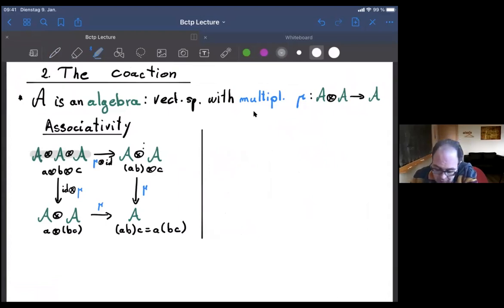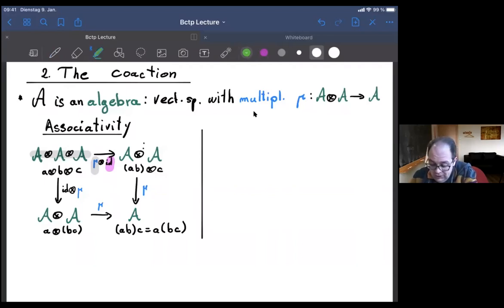I take three objects, so I take a triplet, A B C, out of A tensor A tensor A. And I can multiply together things in the first two slots, not doing anything in the third. I act with the identity. ID is the identity map.